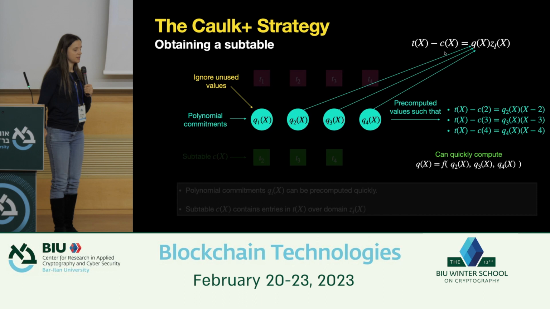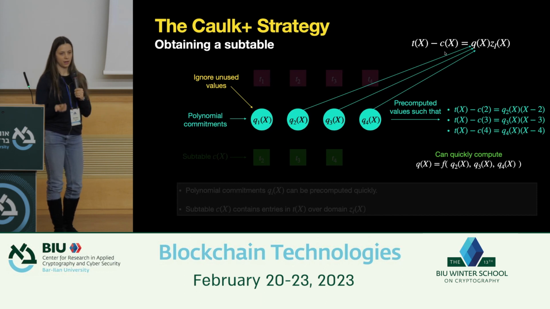And my claim to you is that if we have a commitment to Q2 and to Q3 and to Q4, then actually it's very, very fast to compute a function that will take these three commitments to the full polynomial Q of x that we need in order to prove that C is a subtable.